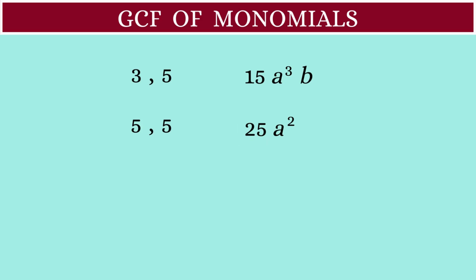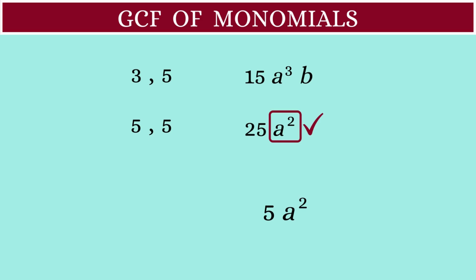Comparing, we have 5 as a common factor. Moving to the variables, a cube and a square. We'll choose the smaller exponent, which is a square.